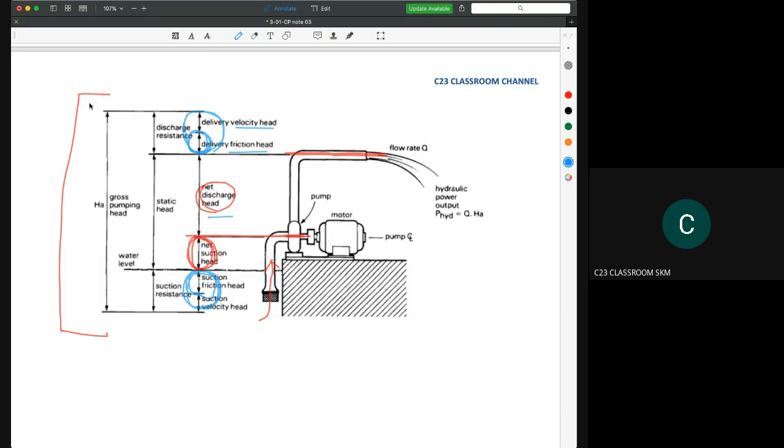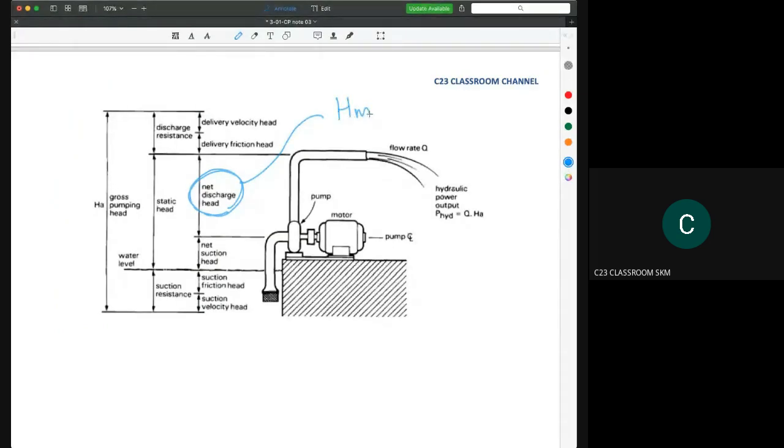So here, if we want to explain this, this is actually the net discharge head, which is a part of the manometric head, because in this case, the net discharge head and net suction head together, the total of these two, is the manometric head or the head of the pump.